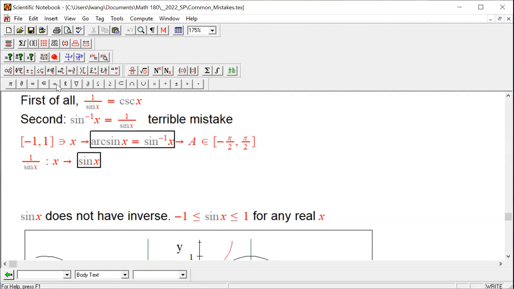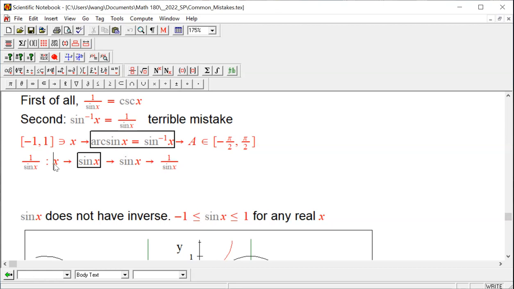Then after you get the ratio, you take that ratio and divide it into 1. You first get the sine x, and then you do the reciprocal, so 1 over sine x.